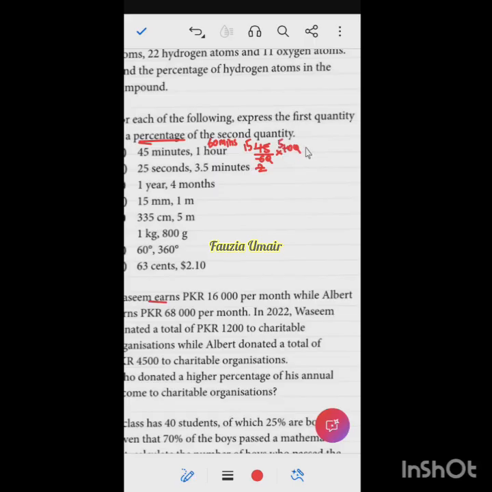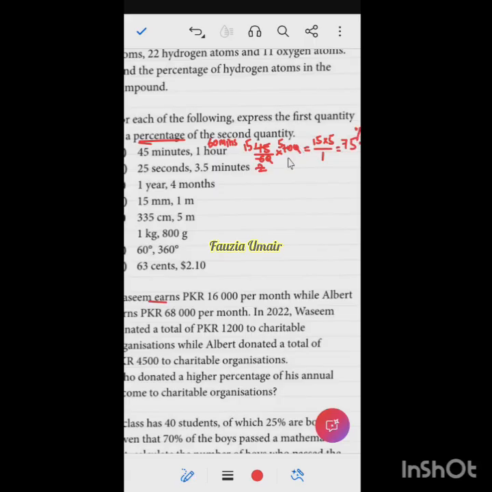In the numerator we are left with 15 and 5, and nothing left in the denominator. What is 15 5s? 75. It is 75%.